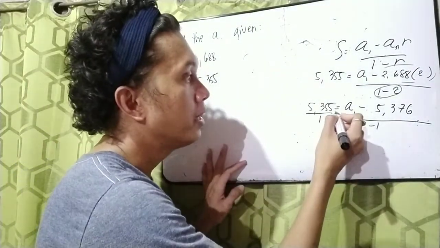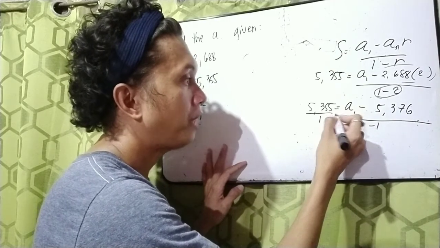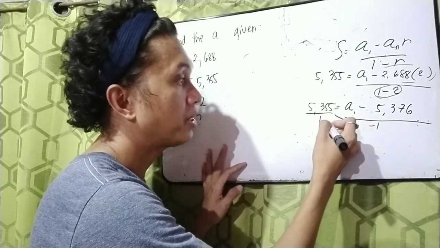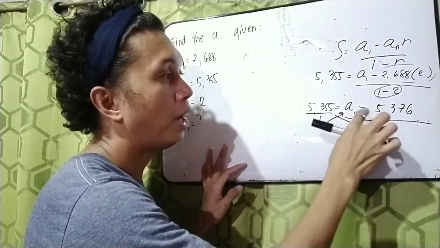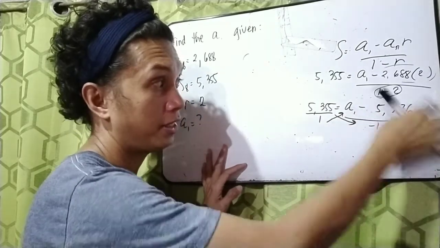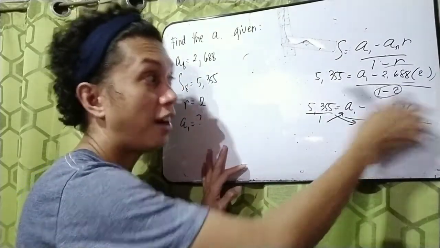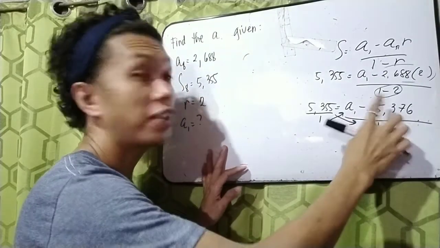So 5,355 times negative 1, then positive 1 times a sub 1 minus the entire 5,376, because these are together.